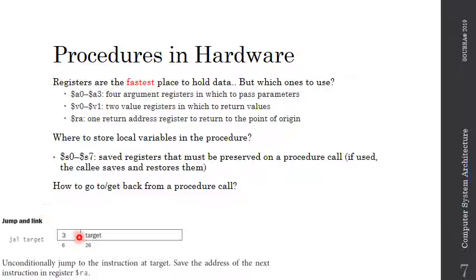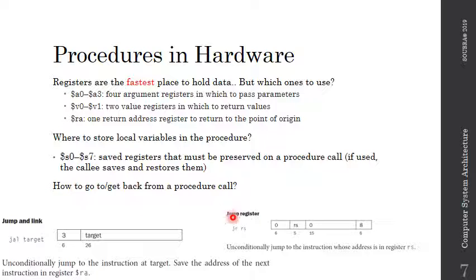So this is the way to go from the main function to call any of the functions that we already defined. There should be something for the way back. What would that be? Well, all we have to do is jump back to the value that is in a register.